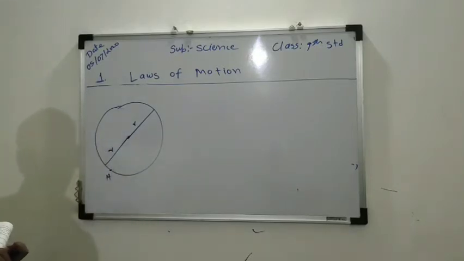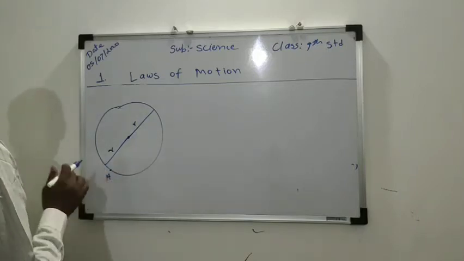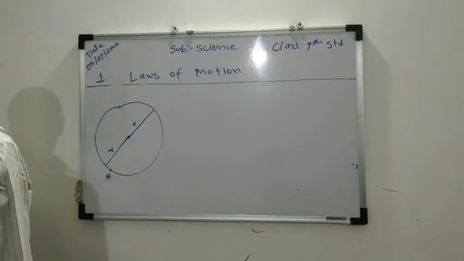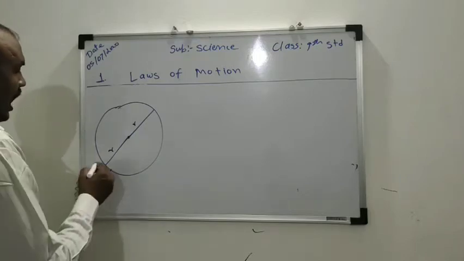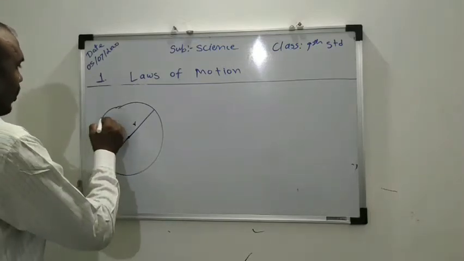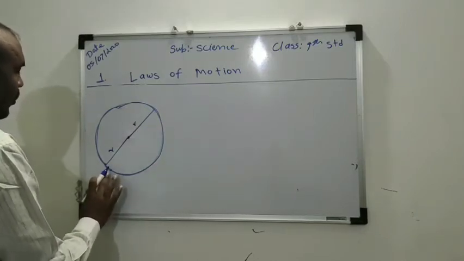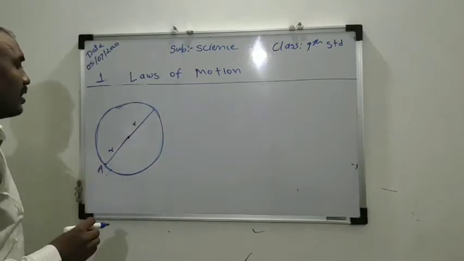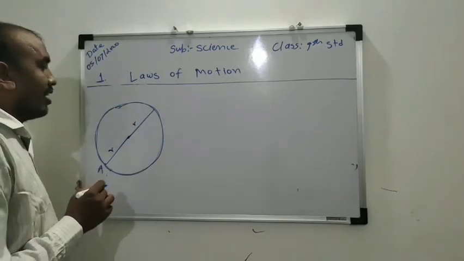As shown in the figure. Okay, if she starts from point A and takes one round, how much distance has she walked and what is her displacement? How much distance did she walk from here to here? Suppose this point is considered here. How much distance did you walk and what is your displacement?